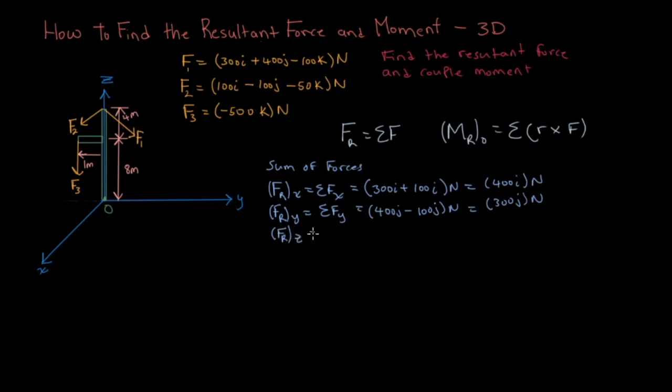We know that it's going to be the sum of forces in the z direction. And like before, we collect the different z terms, or the different k terms. So we have negative 100k, minus 50k, minus 500k.